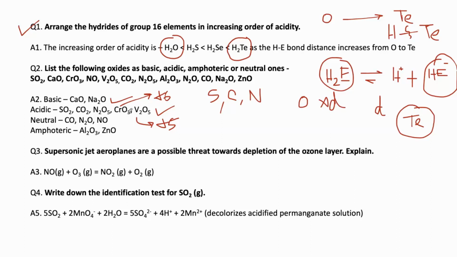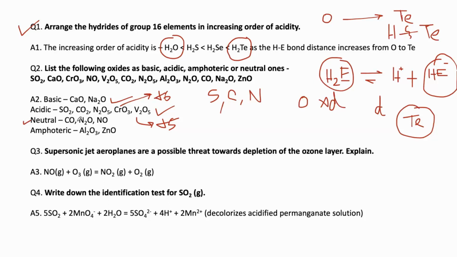Whenever the metal is in a high oxidation state, that is +6 or +5, the character will be acidic.